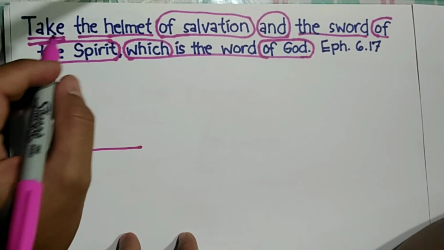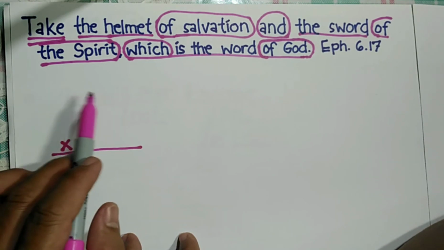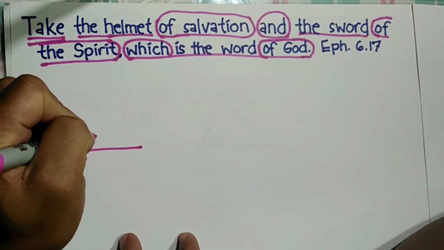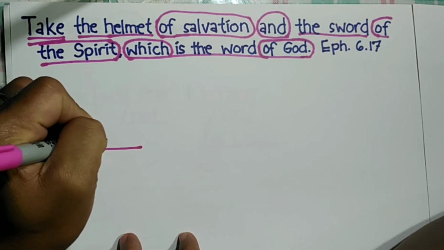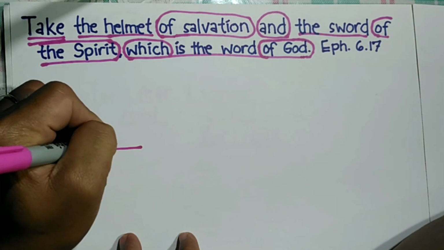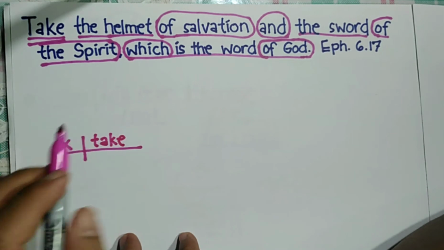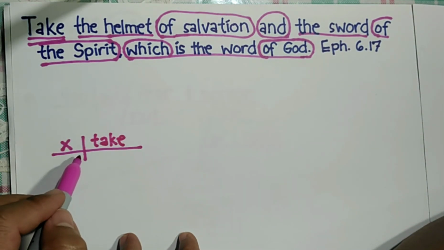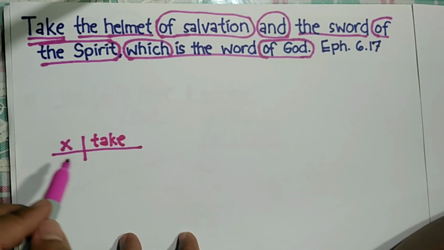You take the helmet of salvation and the sword of the Spirit, which is the word of God. So the verb is take. Even in diagramming, you still need the X.